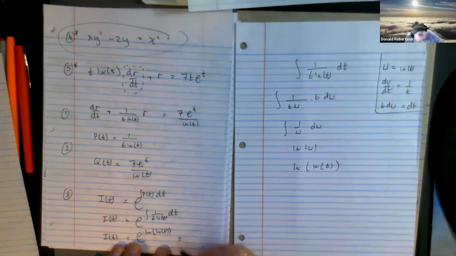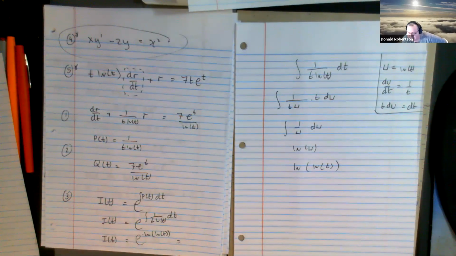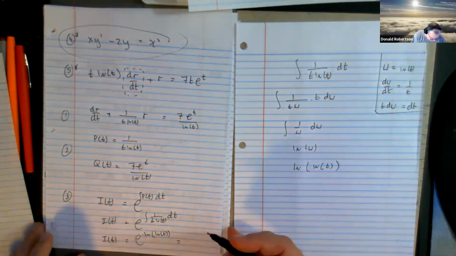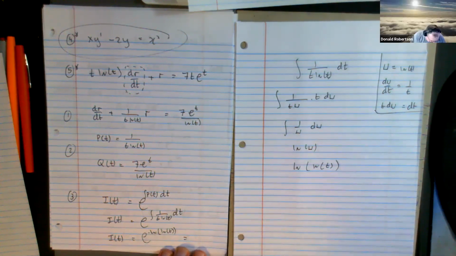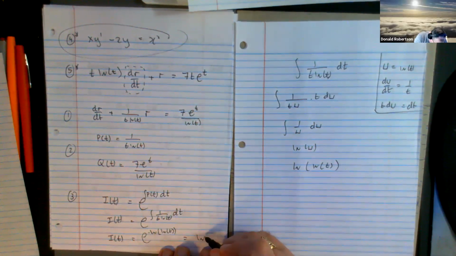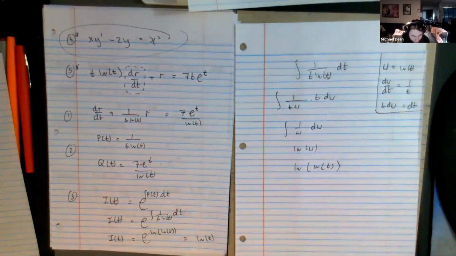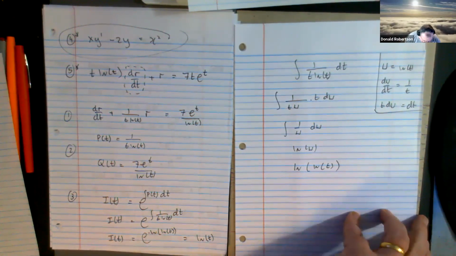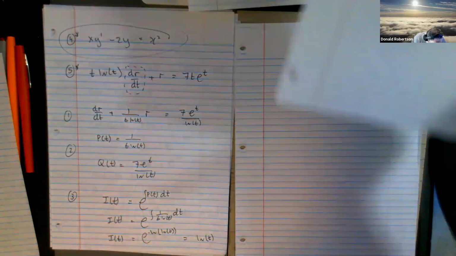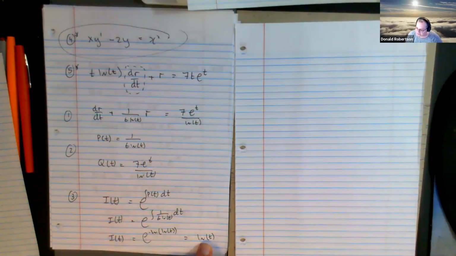Now, do style points on that. e to the natural log of the natural log of t simplifies down to something. Is it just e to the natural log of t? Yeah, no e at all, right? Is that what you meant to say? I got you. So you just get log t. After all that weird stuff, look at the integrating factor.